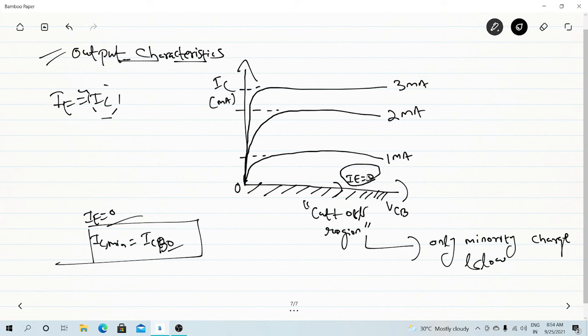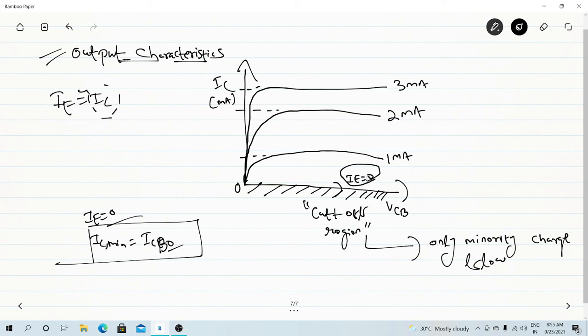That is how the minority current comes into the picture: the input section is open circuited, so only the output section is there, and it is reverse biased. In case of reverse biasing, only the minority carrier can flow. That is the thing you should keep in mind.